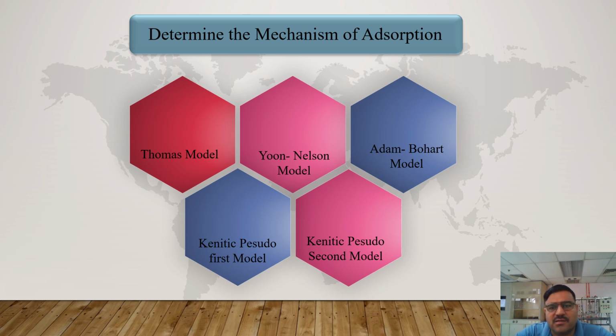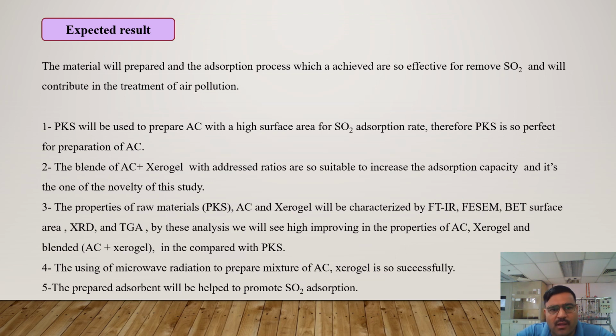Determine the mechanism of absorption: Thomas model, Yoon-Nelson model, Adams-Bohart model, kinetic pseudo first order and kinetic pseudo second order. Expected result: the material will be prepared and the absorption process achieved will be effective for removing SO2 and will contribute to the treatment of air pollutants.